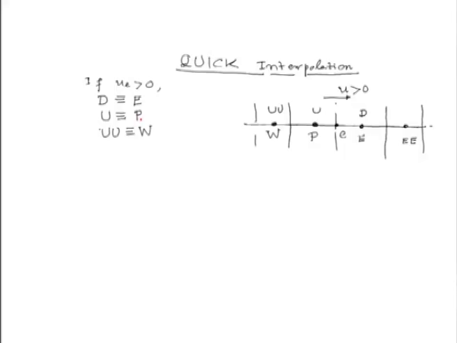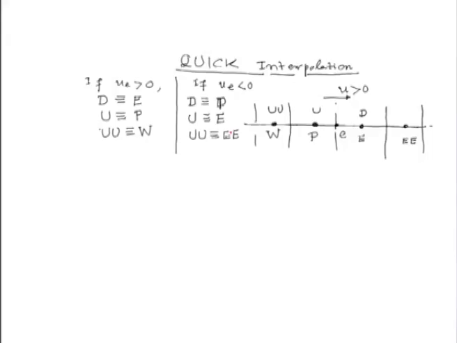In contrast, if we had the other way around, that is, if the velocity at the phase is less than 0, so that it points in negative x direction, in that case our downstream node will become the node P, the first upstream node will be the eastern node capital E, and the second upstream node will become EE.